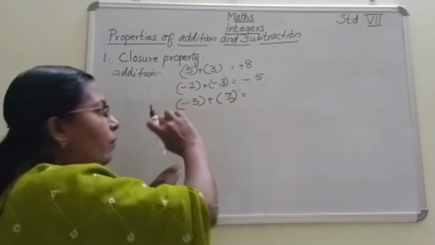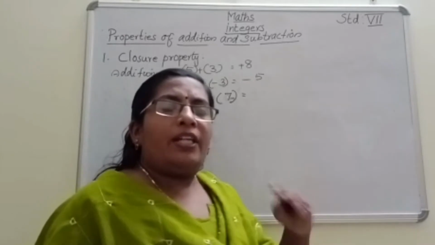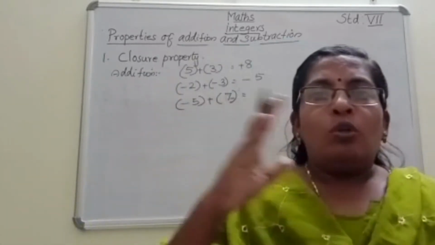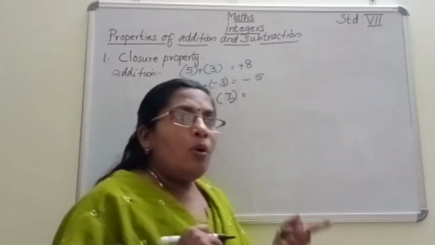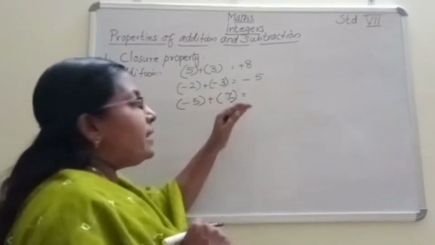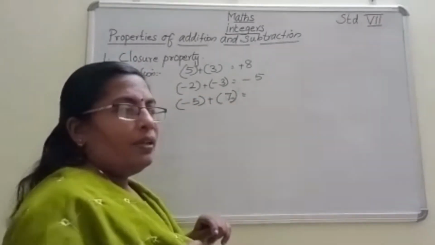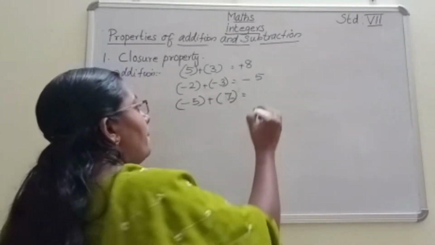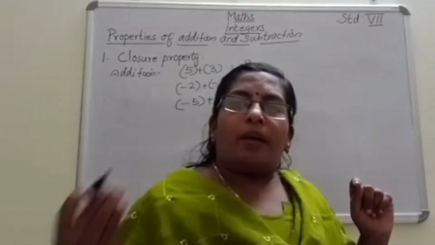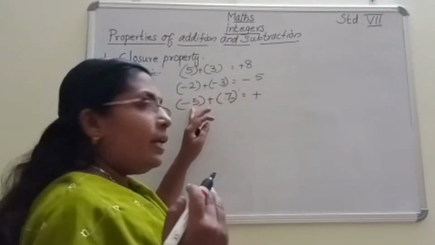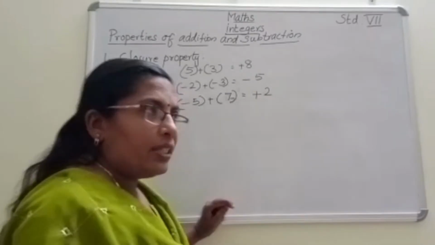One is negative, another one is positive. In the addition rule, if there are two different signs, we write the sign of the greater number. Here which is the greater number? 7. What is the sign? Plus. Then subtract the numbers, 7 minus 5, 2. 2 is an integer.